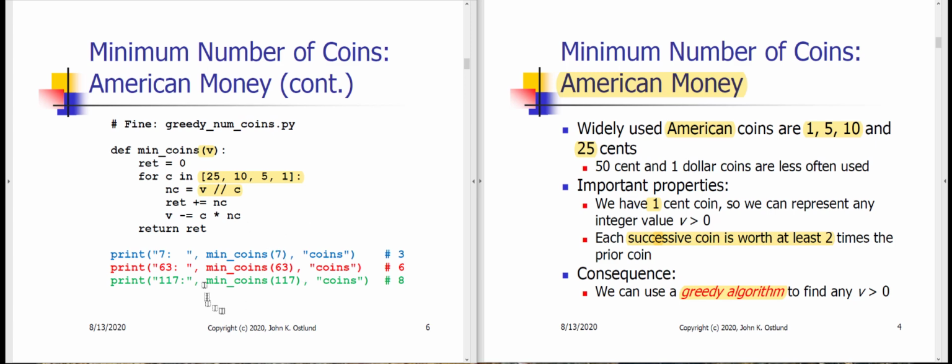So let's take a look at this example here where we're calling min coins with 63. Okay, so 63 divided by 25 is going to be 2 and a fraction, and we don't want the fraction part, so the number of quarters that we're going to use is going to be 2. All right, so we're going to add 2 coins to the number of coins that we're going to return.